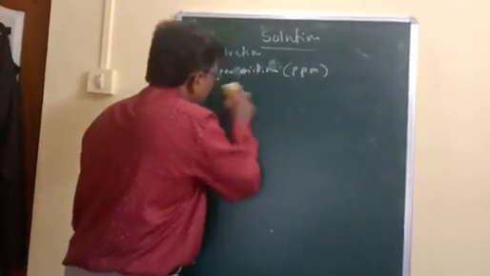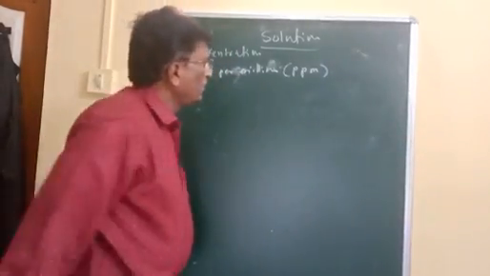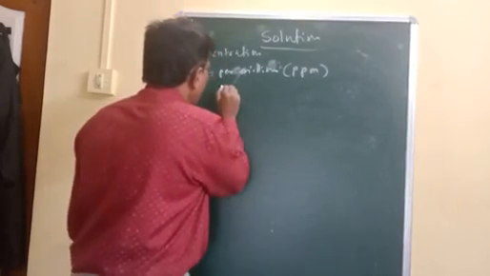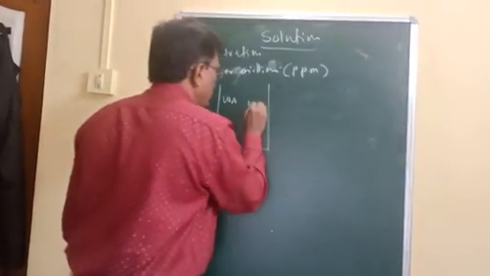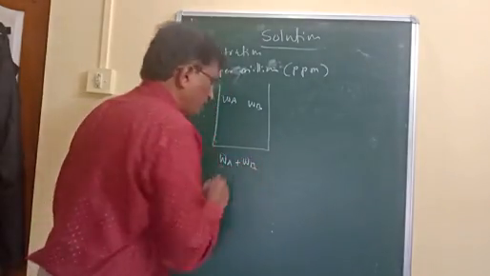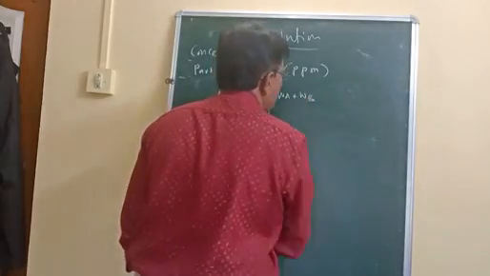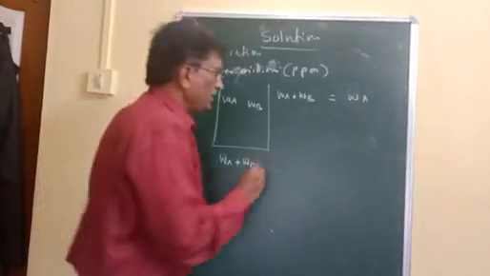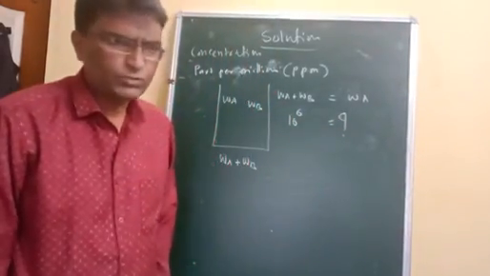Now similar to the percentage composition by weight, suppose the solution is composed of WA weight of A component and WB weight of B component, then the total weight becomes WA plus WB. Now the total weight of solution contains WA weight of A component, then 10 raised to 6 contains how much solute?